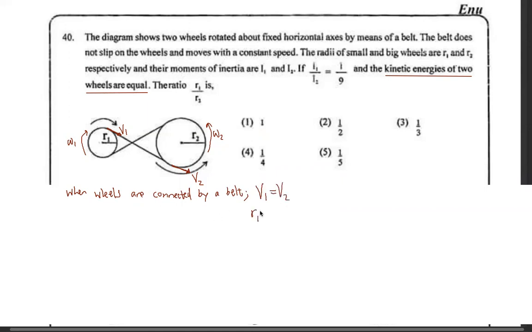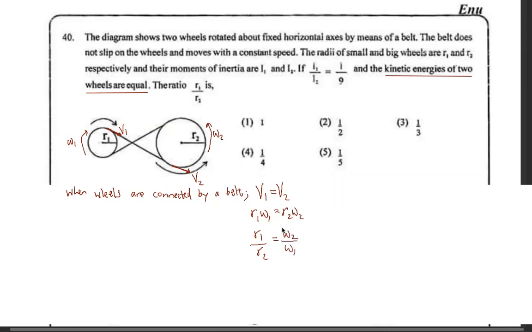So R1 omega 1 is equal to R2 omega 2. So what is R1? R1 over R2 we have to find out. R1 over R2 is equal to omega 2 over omega 1.